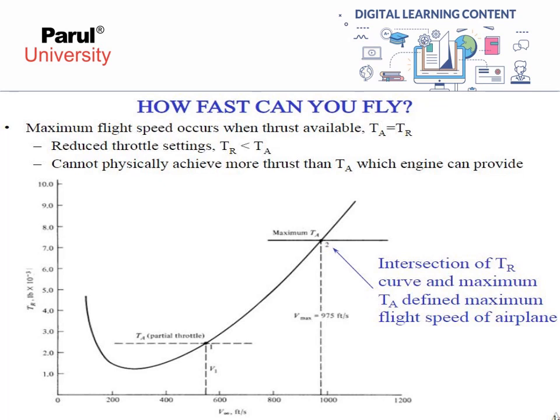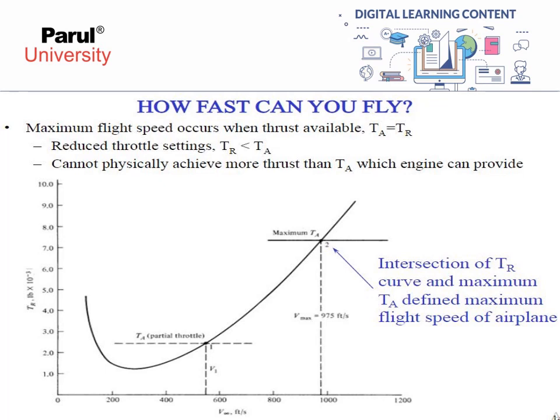Point 2 is at maximum TA, meaning maximum thrust available, and the corresponding velocity is V max, which is 975 feet per second. Point 2 is the intersection of the thrust required curve and the maximum TA, and defines the maximum flight speed of the airplane.